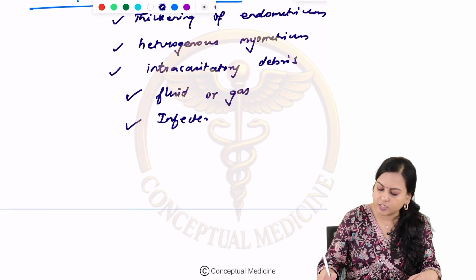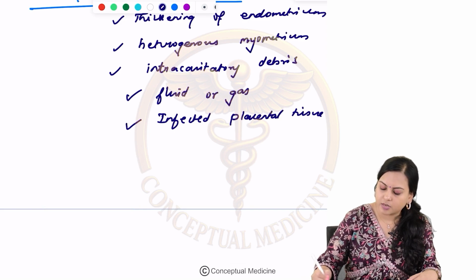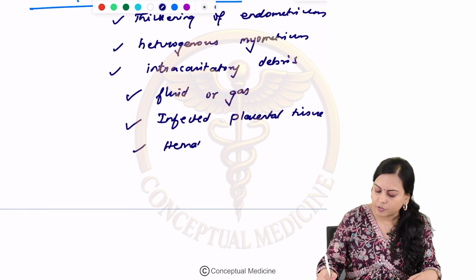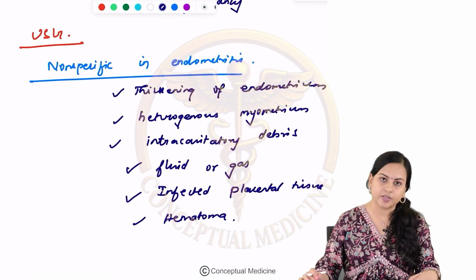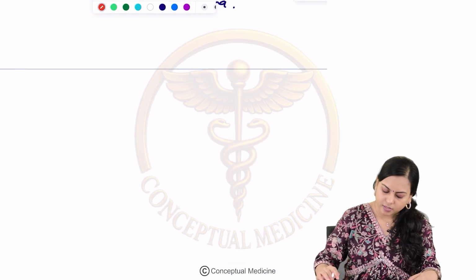Sometimes infected placental tissue can also be found, and hematoma can also be there. Okay, so these are some of the signs that are non-specific in endometritis.